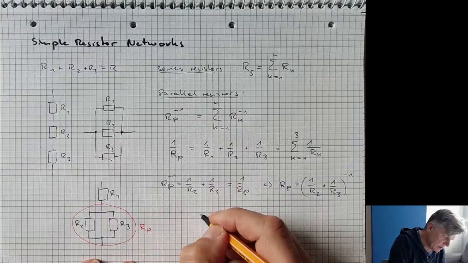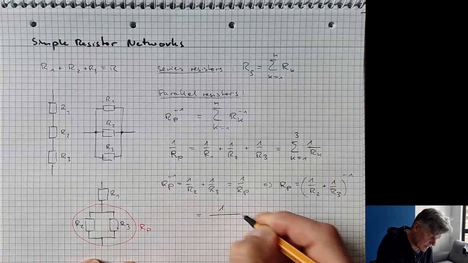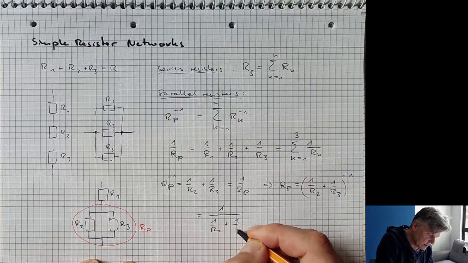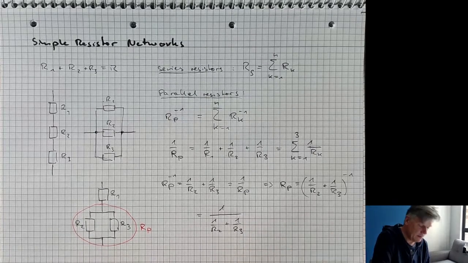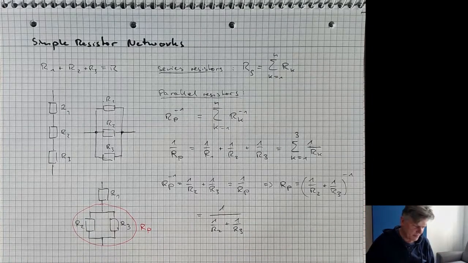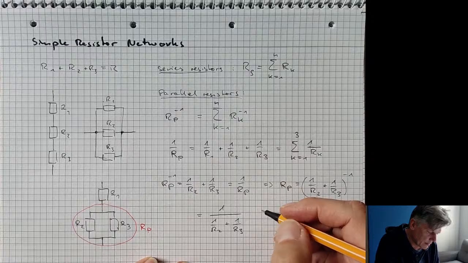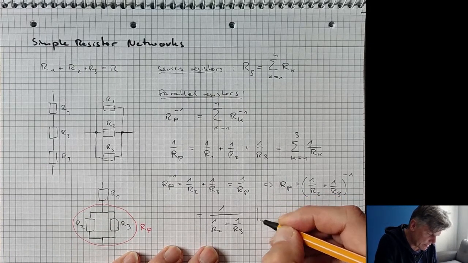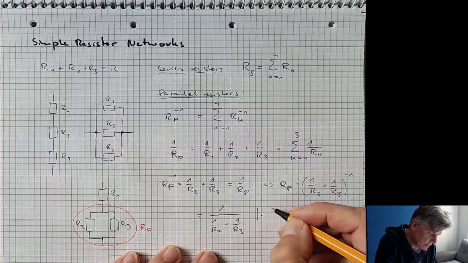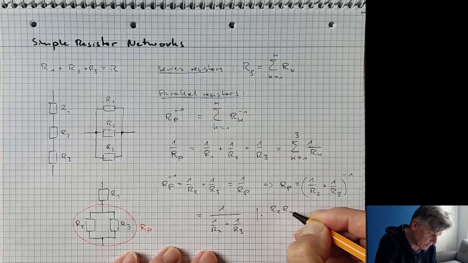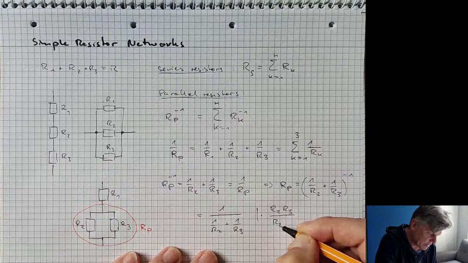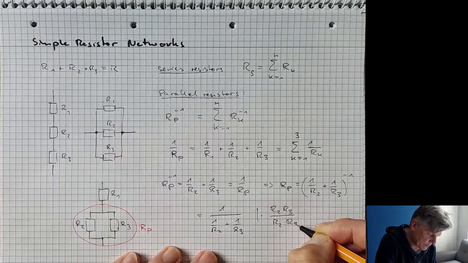This would be 1 divided by 1 divided by R2 plus 1 divided by R3. So that can be simplified. We multiply by 1, and we express 1 as R2 times R3 divided by R2 times R3.